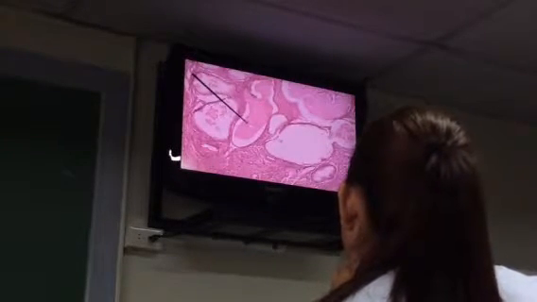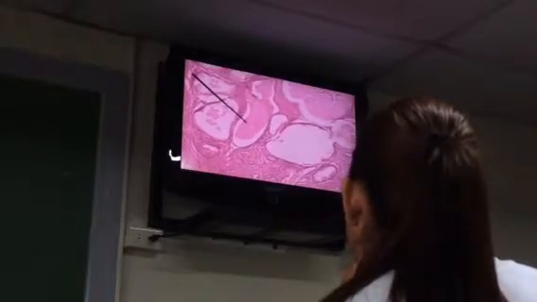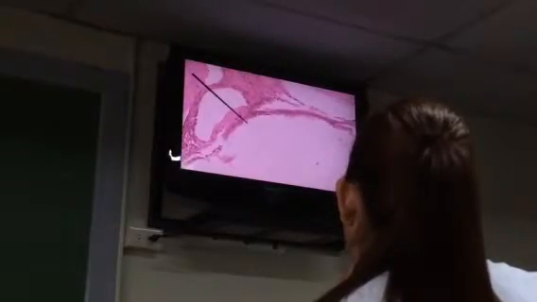Okay? Now again, if you examine the lining epithelium of your alveolus, this is still pseudostratified columnar.